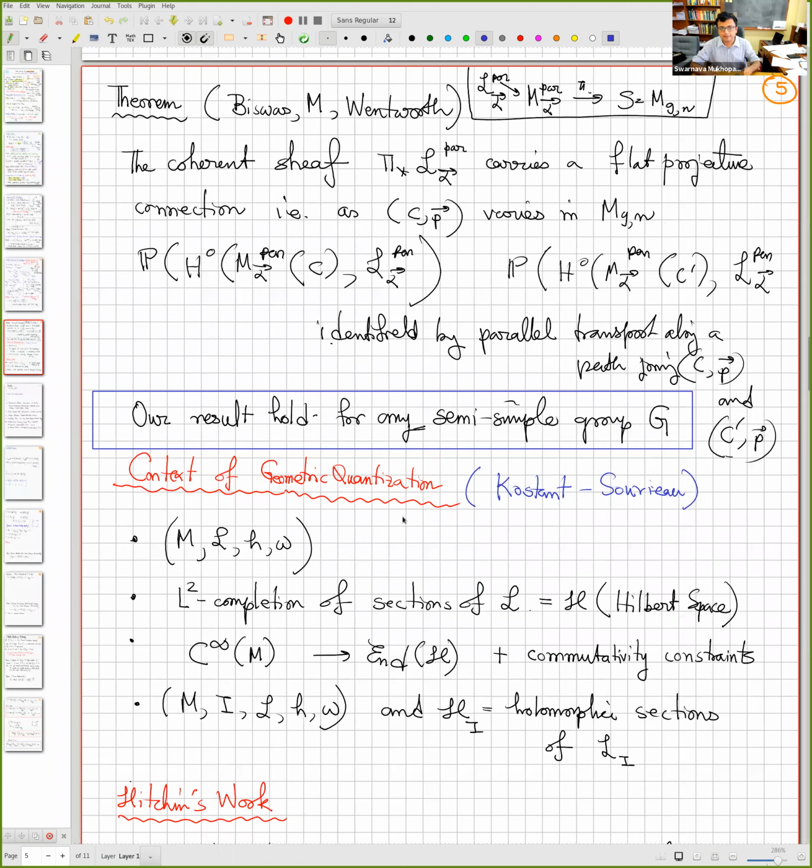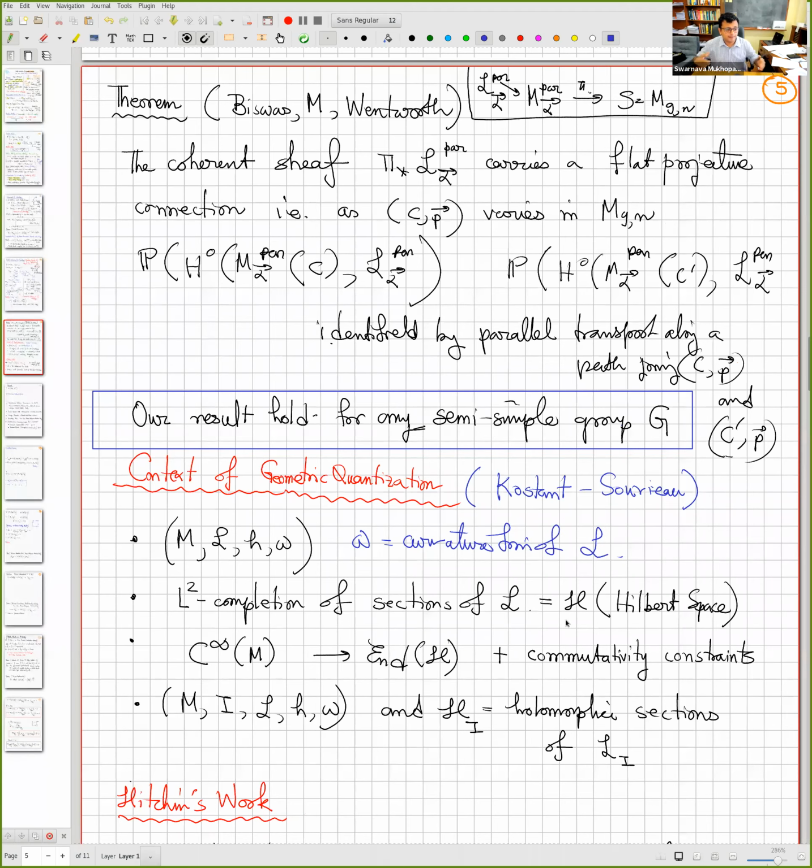One starts with a symplectic manifold with form omega and a line bundle on it, with a Hermitian metric. You should think of this omega as the curvature form of the line bundle. Then one can look at the L2 completion of the C infinity sections of L. So that's a Hilbert space.